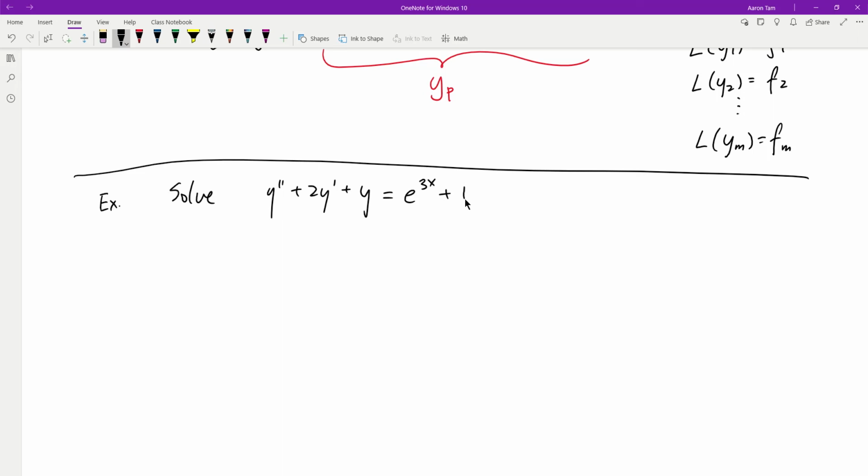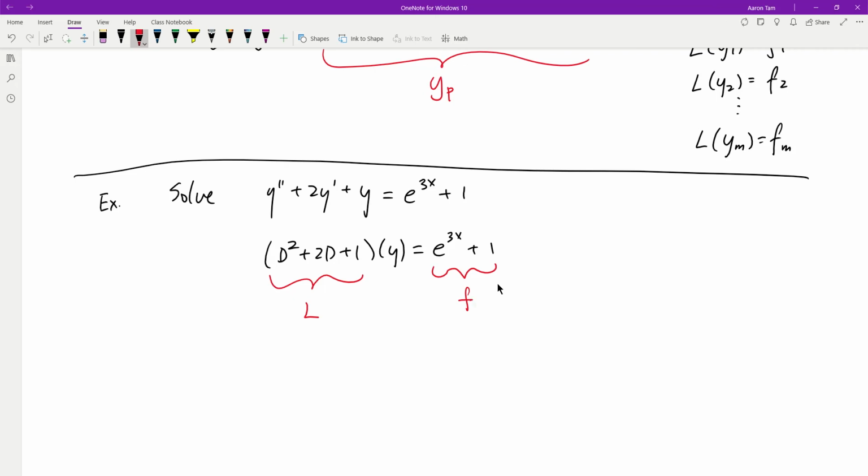Let's try to break this down first. I'm going to rewrite this in differential operator form. That would be d squared plus 2d plus 1 of y equal to e to 3x plus 1. So this is our L, and this collectively is our function f.